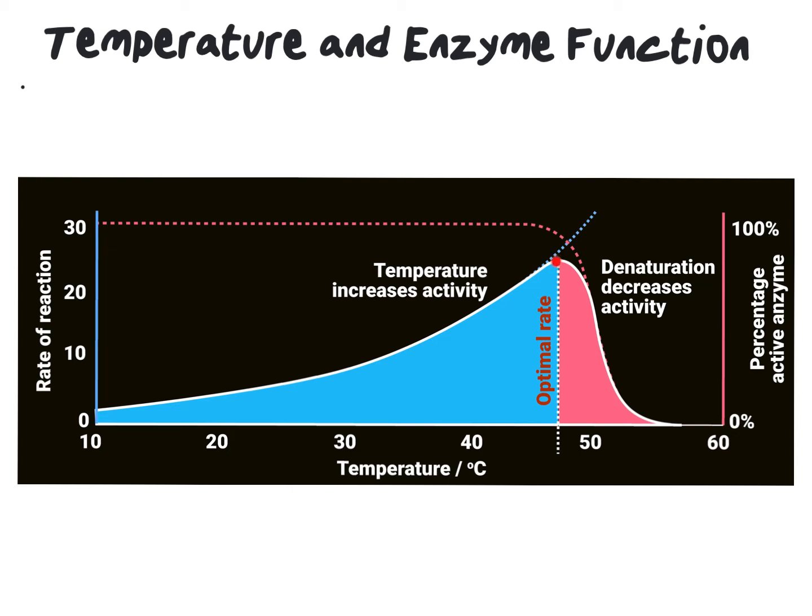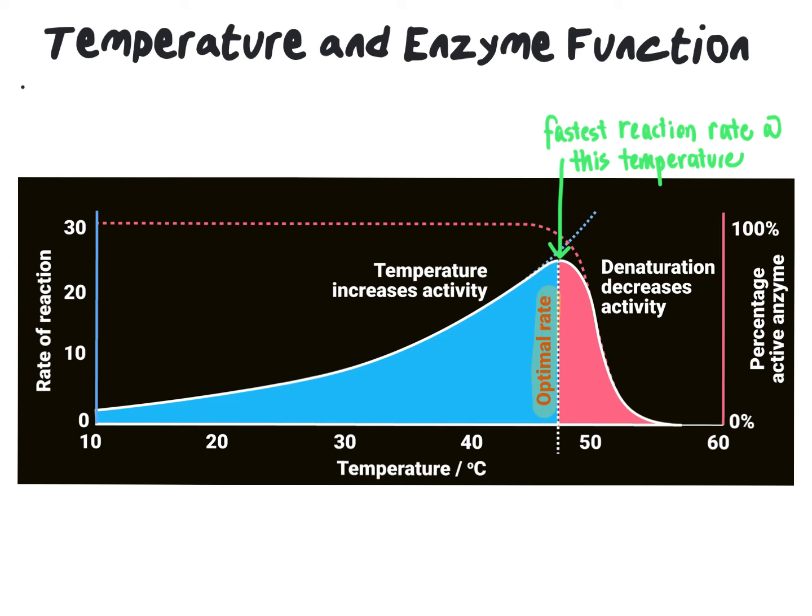And at that point, which we call the optimal rate point, the optimal temperature for that enzyme to function, which in the case of this system is somewhere between 40 and 50 degrees Celsius, after that point, the activity of the enzyme drops off dramatically, meaning that the ability of the enzyme to catalyze a reaction falls off like a brick.